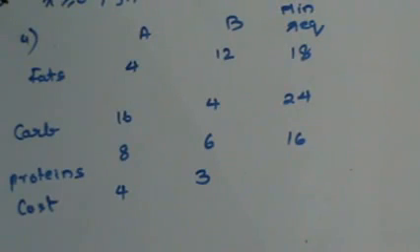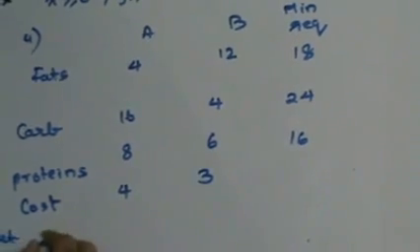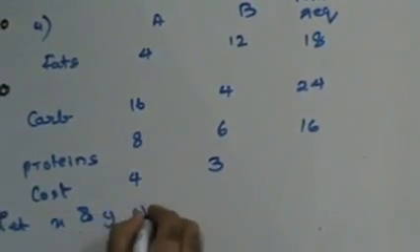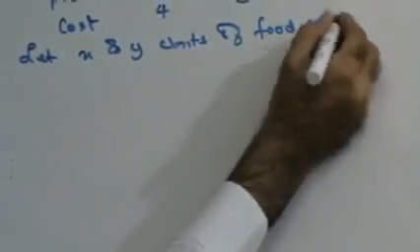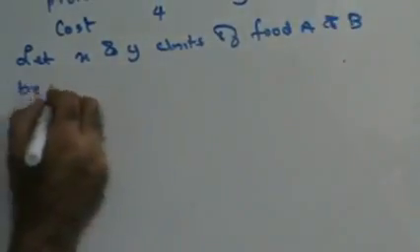Formulate an LPP. Right? We'll say let x and y units of food A and B be purchased.